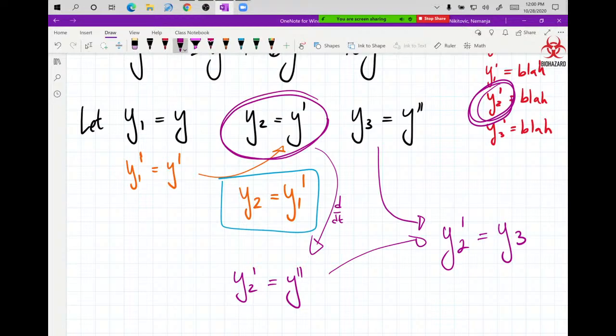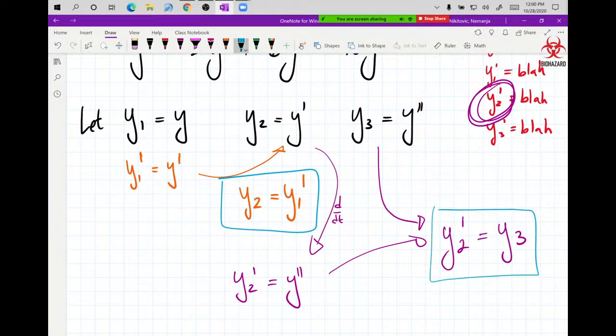You're not allowed to use y's, you have to use one of the three new functions, y1, y2, y3. Luckily, this equation tells you exactly what y double prime is. So you got your second equation, and that second equation is this.